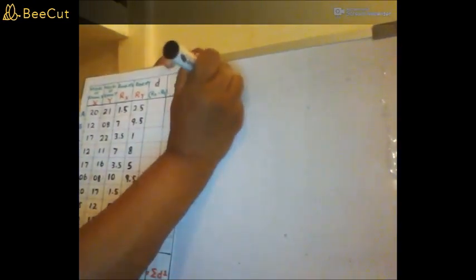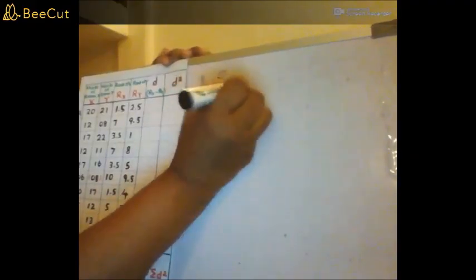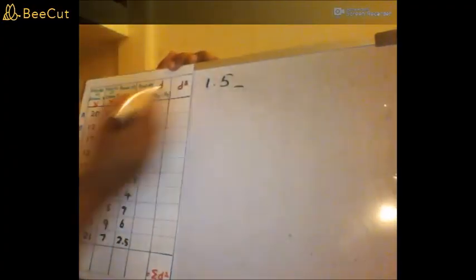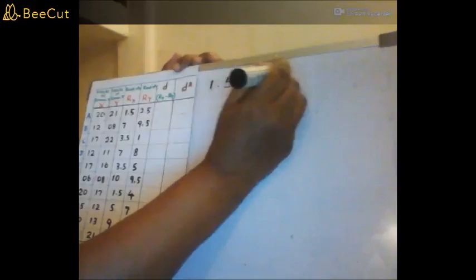Right. Rx minus Ry. So what is Rx? 1.5 minus, what's the next one? 1.5 minus 2.5.